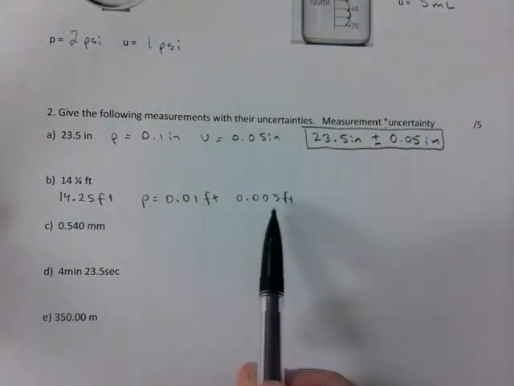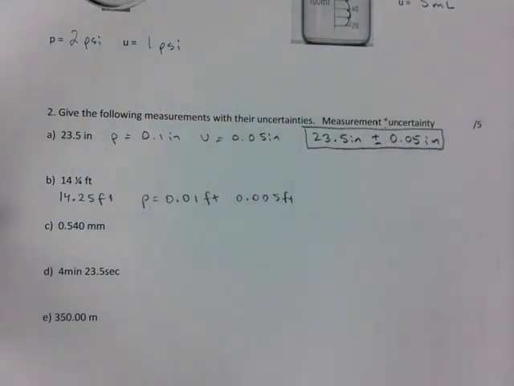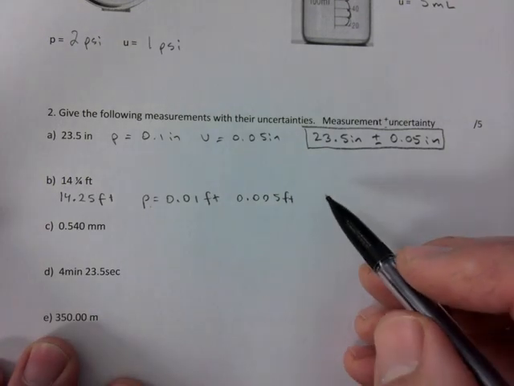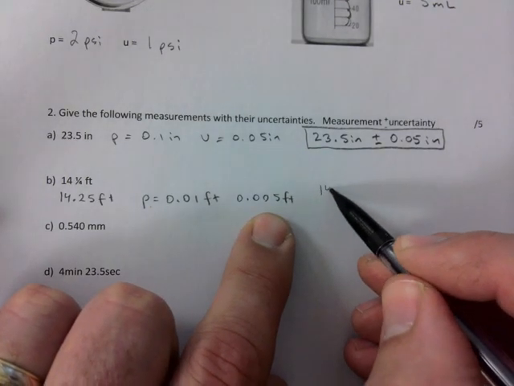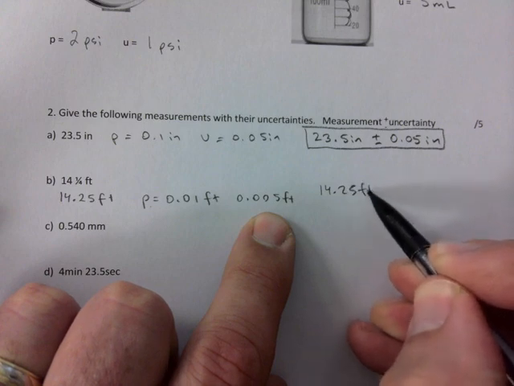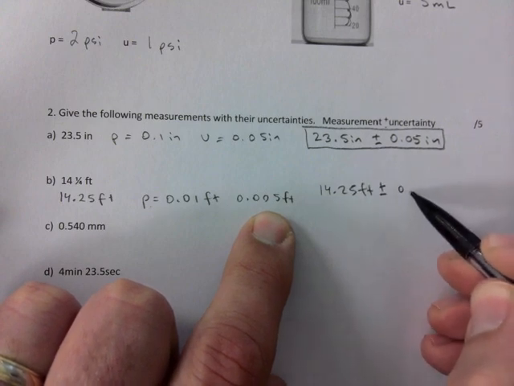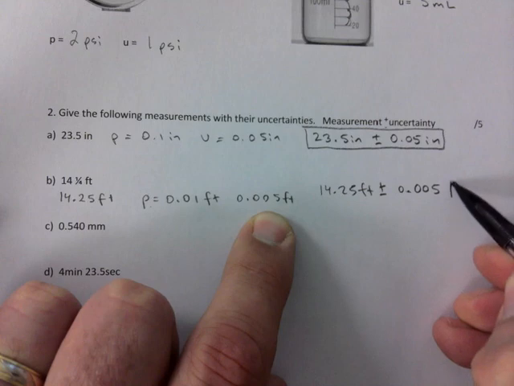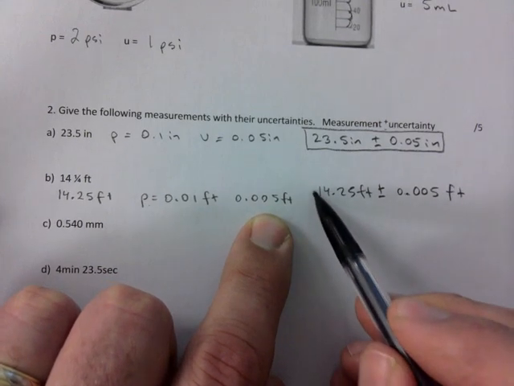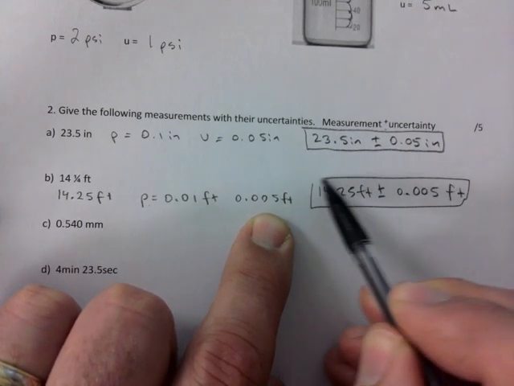Oh, you just went straight to the end, that's fine. I would just be careful, because usually when we rush, we get it wrong. But if you're comfortable with it, sure, jump straight to the end. No problem. So 14.25 of a foot plus or minus 0.005 of a foot. That would be the correct answer if you stuck to decimals.